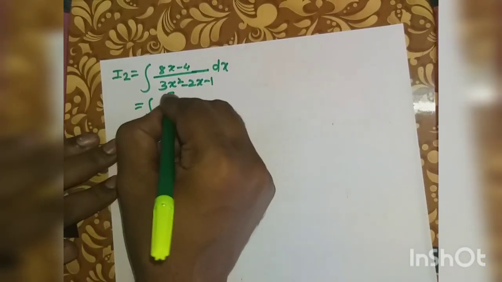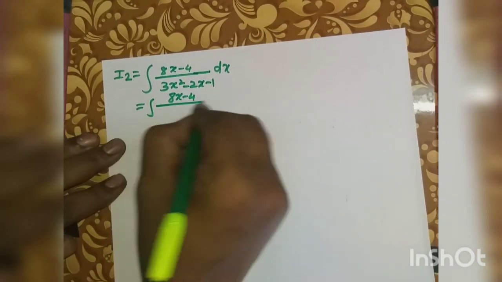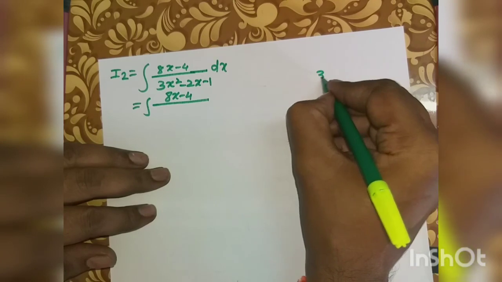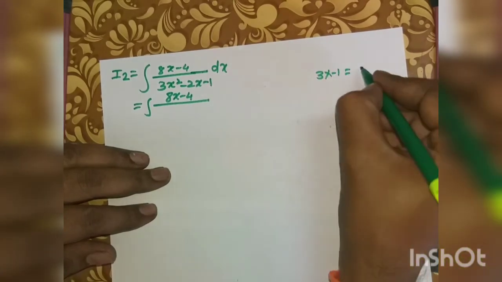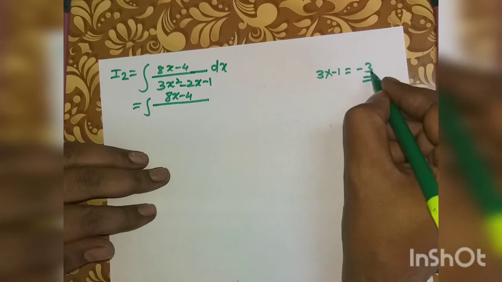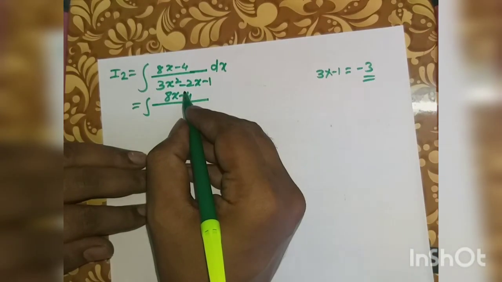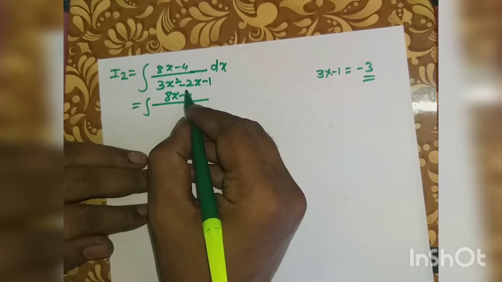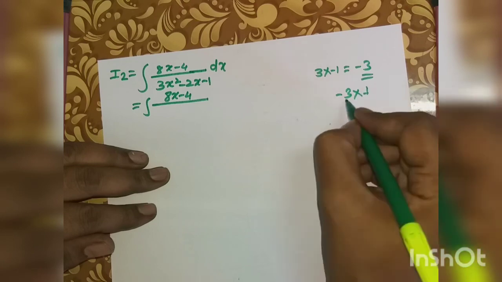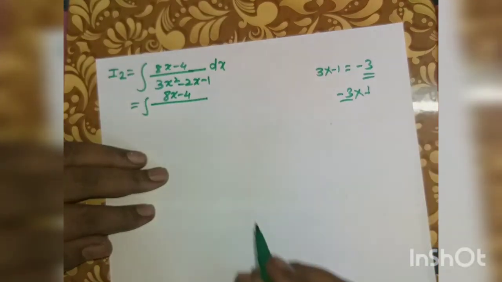Factorize this quadratic: 3 into minus 1 is minus 3. Factorize minus 3 such that the sum is minus 2 and the product is minus 3. That is minus 3 and plus 1: the sum is minus 2 and the product is minus 3.